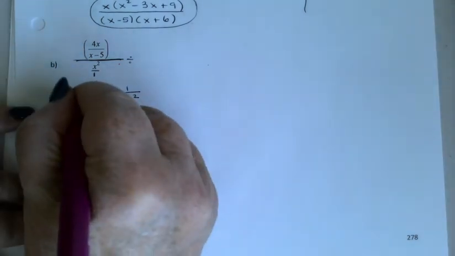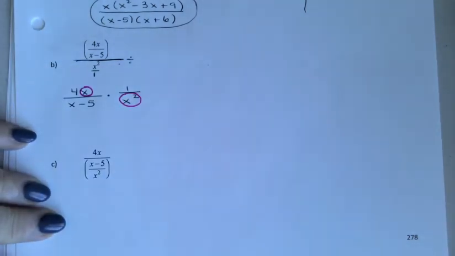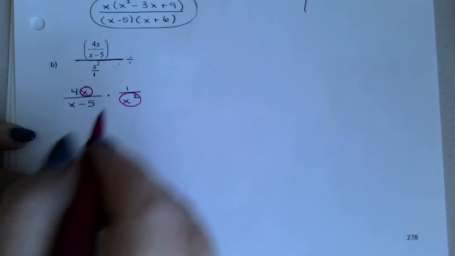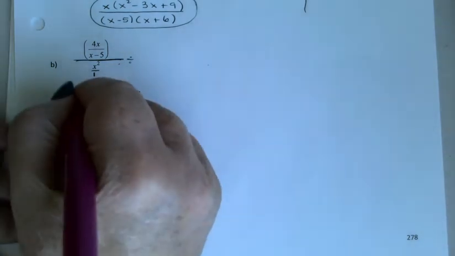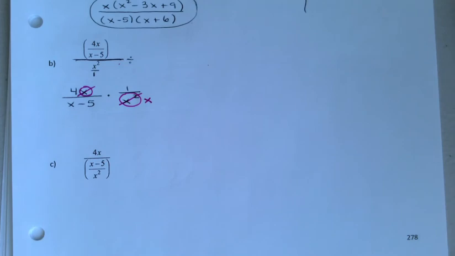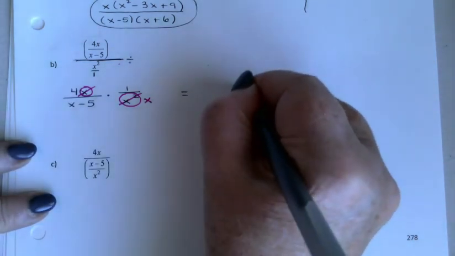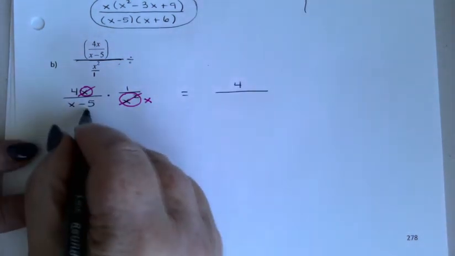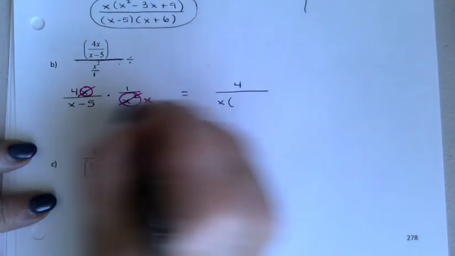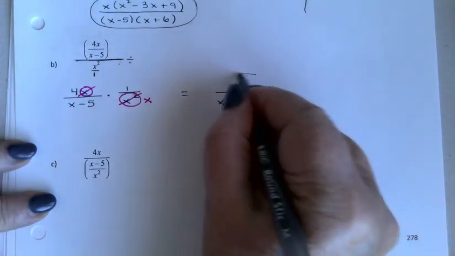This x divided by x squared, that would actually give me x to the negative first, or x to the first on the bottom, right? So on the top I just have 4 times 1 or 4. And the bottom I have x times x minus 5, which again I'm just going to leave in factored form.